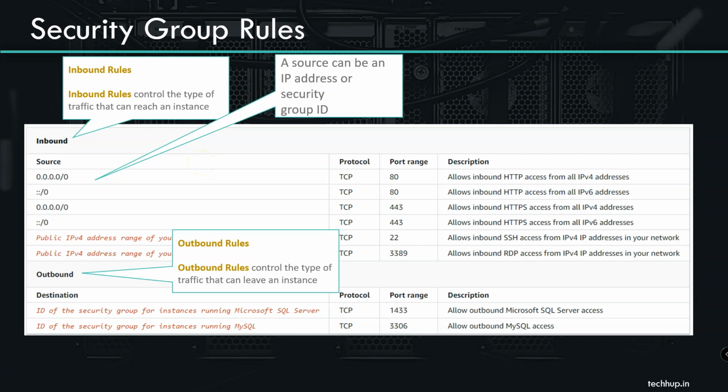Apart from the IP addresses, we can also attach a security group ID as source or destination for the inbound and outbound rules. What it means is that, suppose I have a security group A, and this security group A has been associated with 10 EC2 instances.